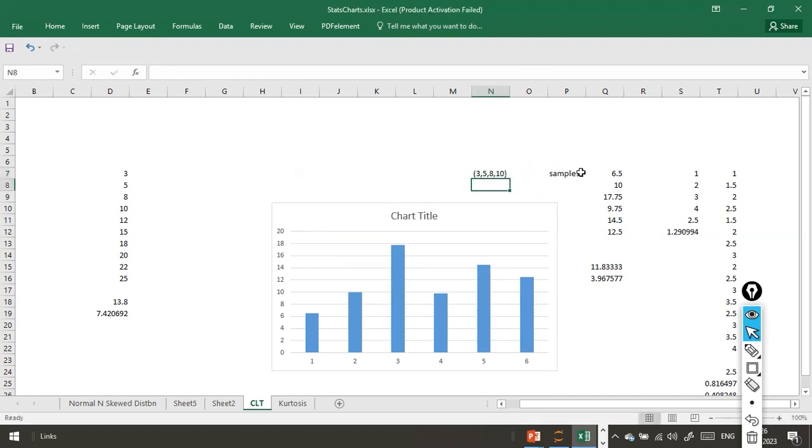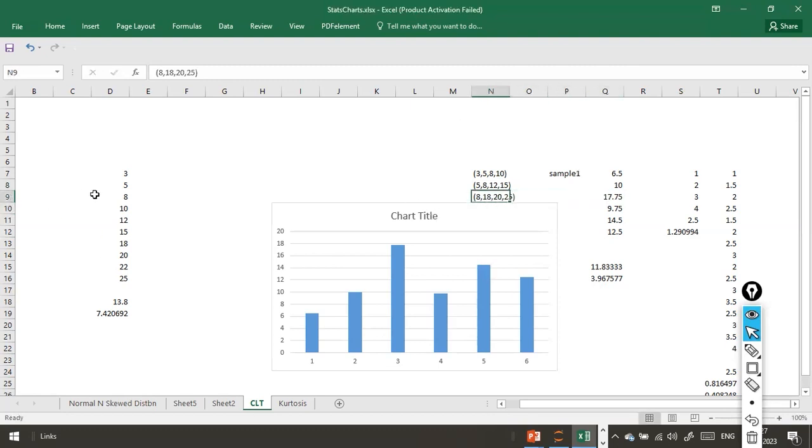And the next one is 5, 8, 12, 15. And 8, 18, 20, 25. So this is the average.